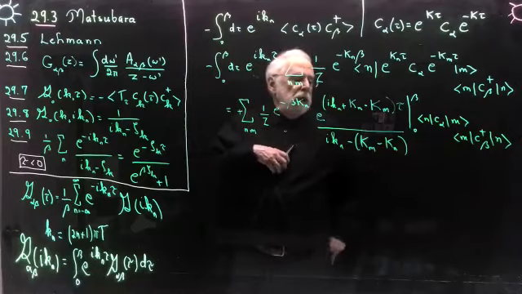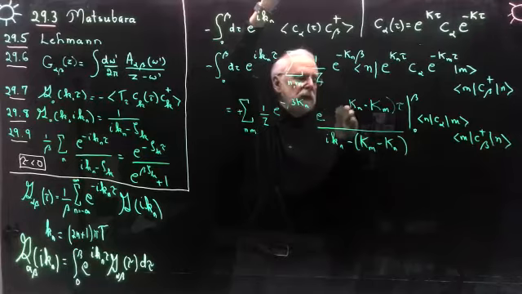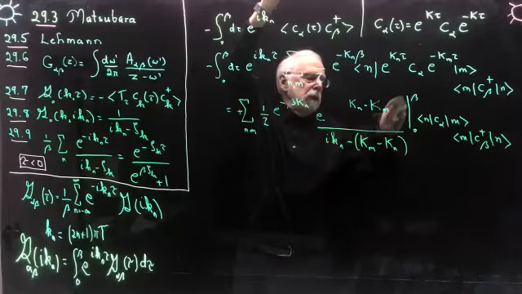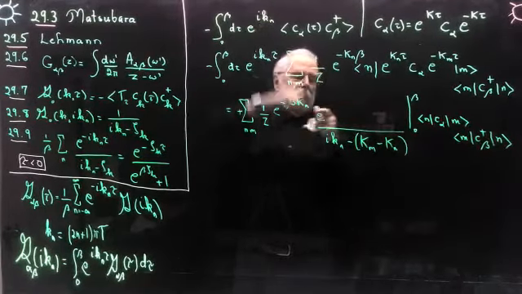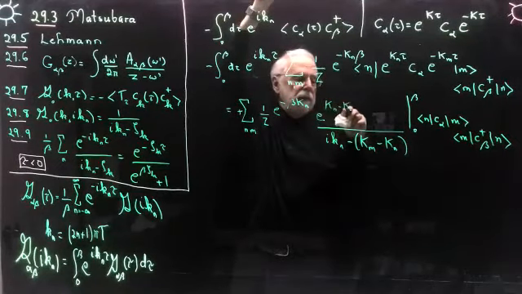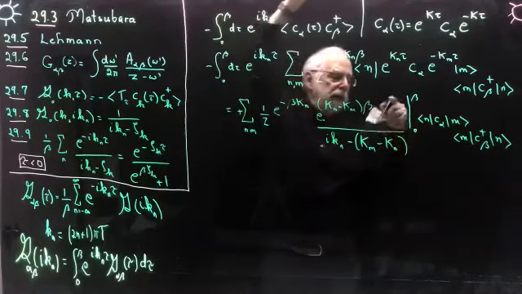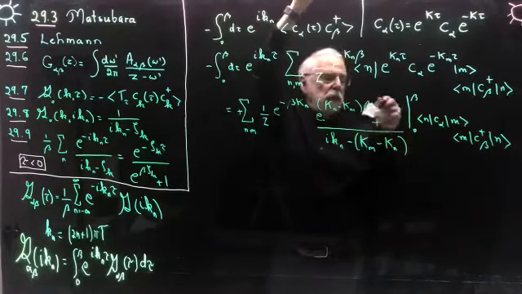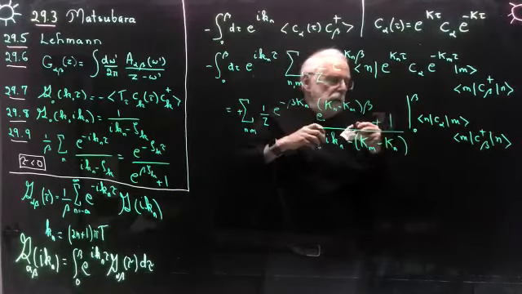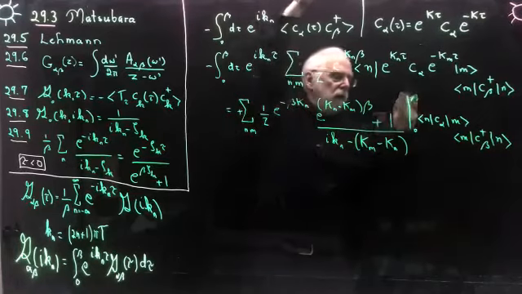And the upper bound is just e to the K_n minus K_m times beta. And for the lower bound, I had the exponent e to the 0, which is 1, so I have plus 1. And now we are done.